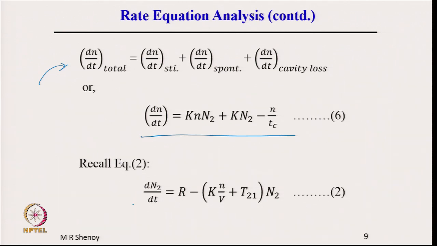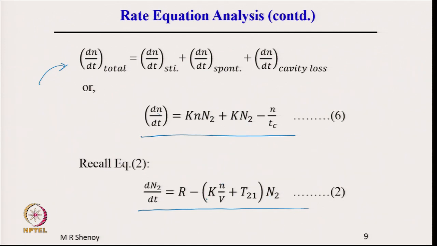Now, recall, this is the first equation that we wrote. This is for atomic population N2, rate of change of the number of atoms, and this is number of photons in the cavity. So, we have now 2 equations. So, please see that n is the photon number in both the equations, and N2 is the number of atoms.